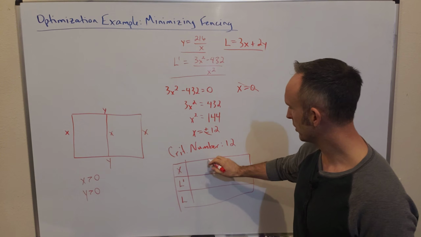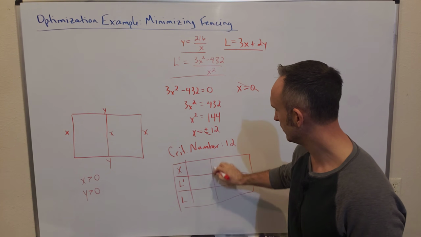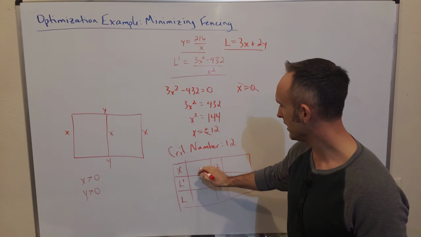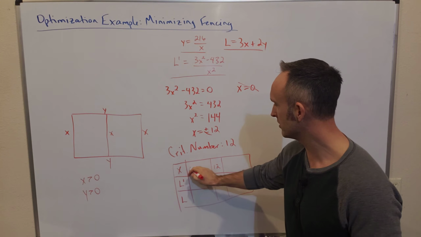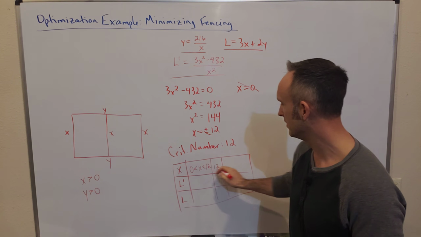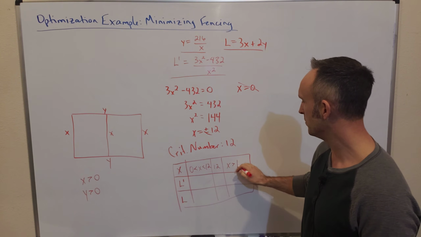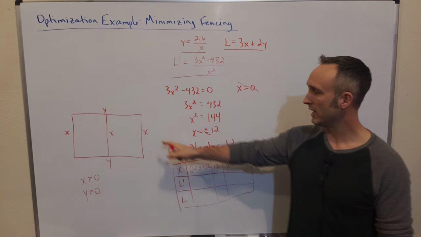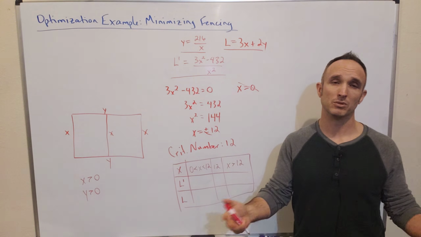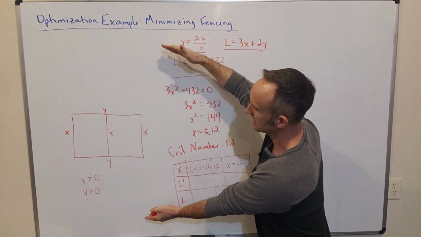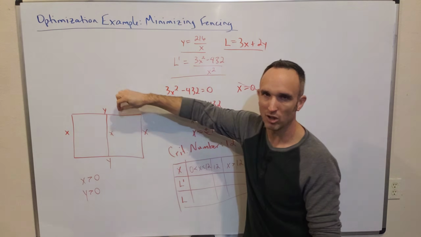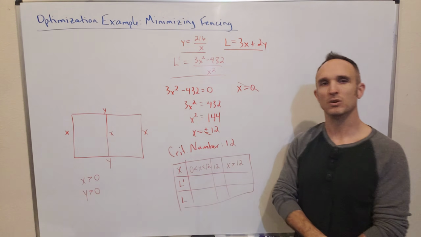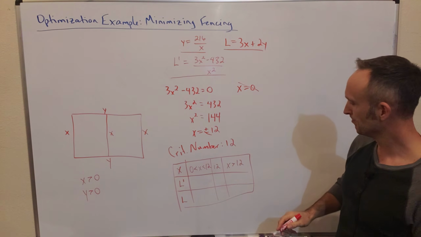The only critical number I have is when x is 12. So over here, I'll be looking at x values bigger than 0 and less than 12. And over here, I'll look at x values bigger than 12. And by the way, x could be any big number because if I make x really big, then y just gets smaller to keep my area equal to that 216 number, okay?